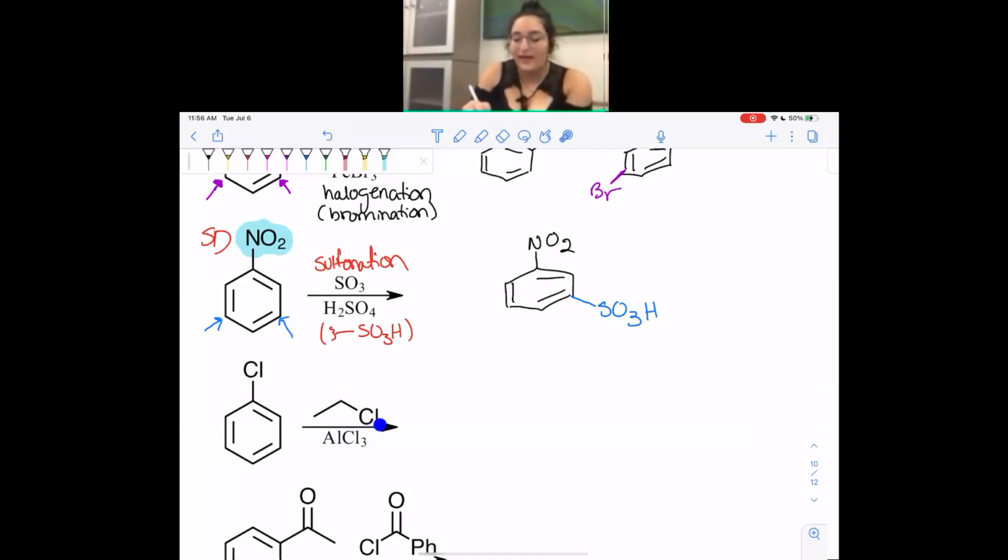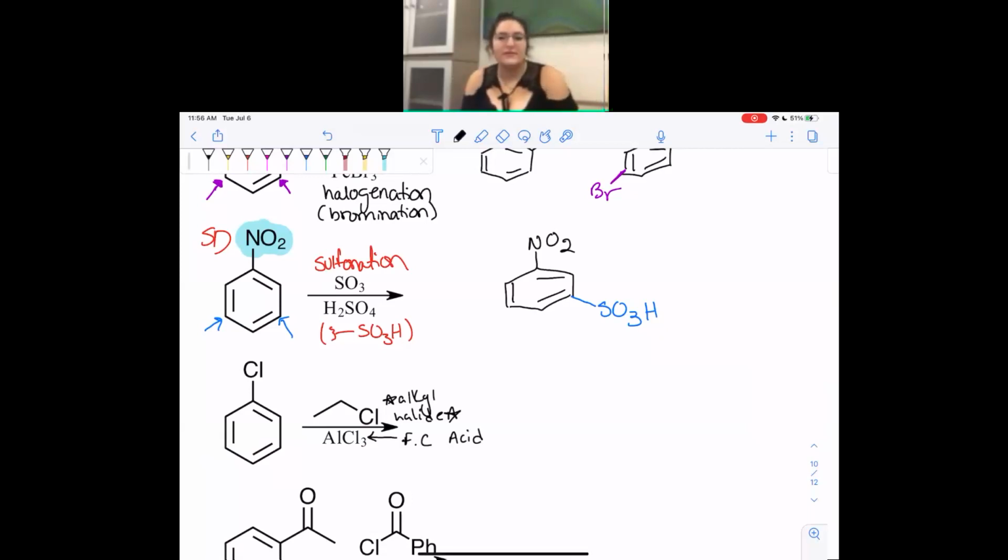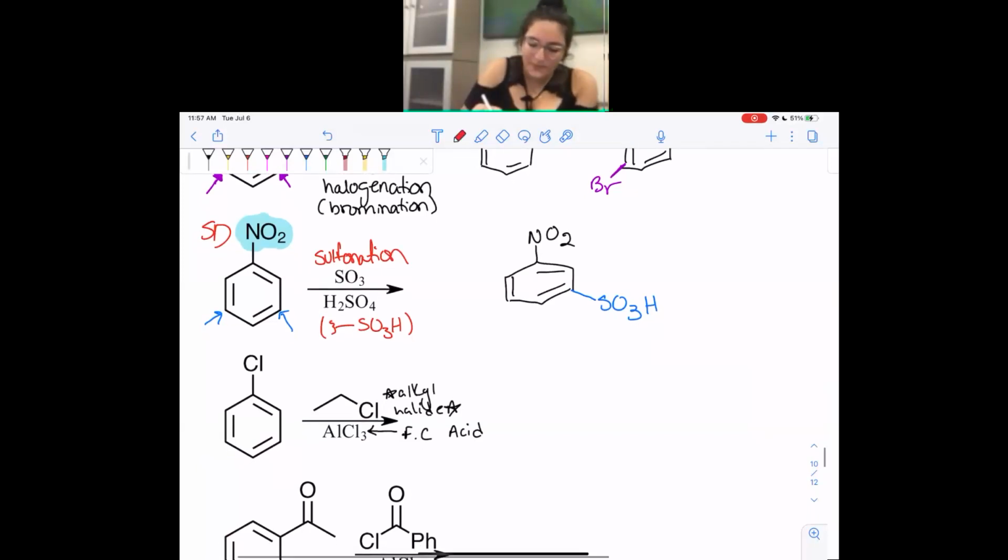If we have an alkyl halide, that's your hint, and the AlCl3. The AlCl3 is always going to be the acid in a Friedel-Crafts reaction. So we know that this is in fact Friedel-Crafts alkylation.